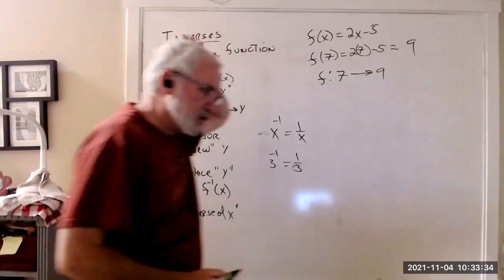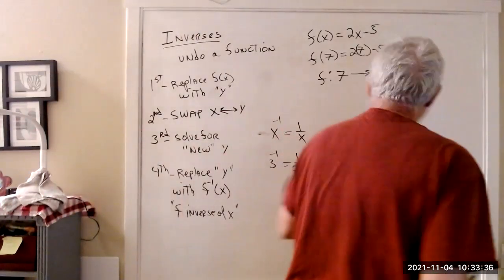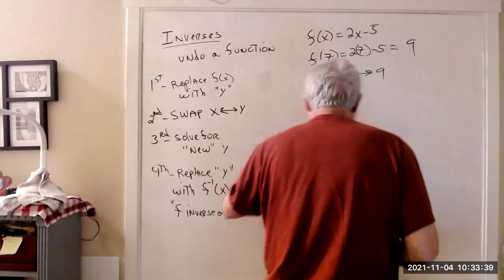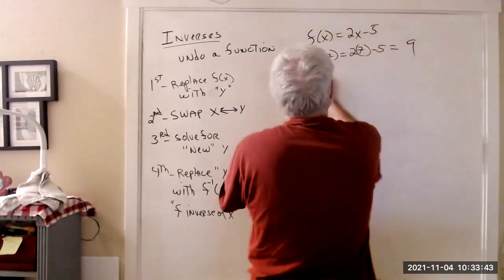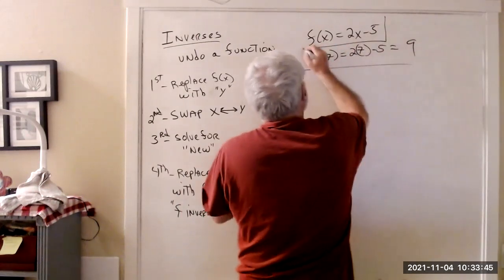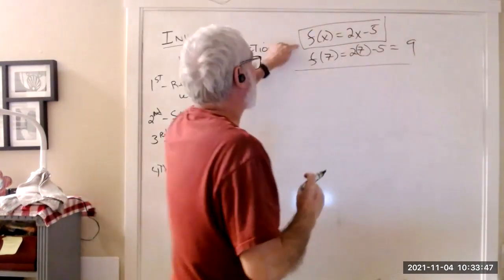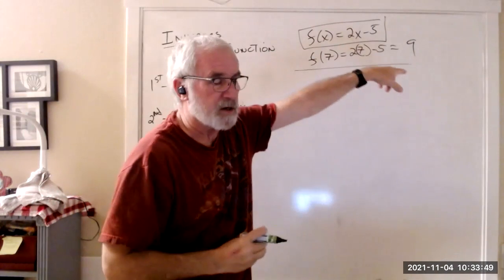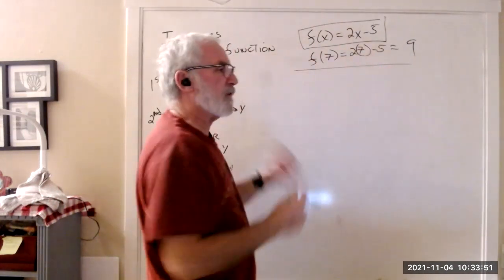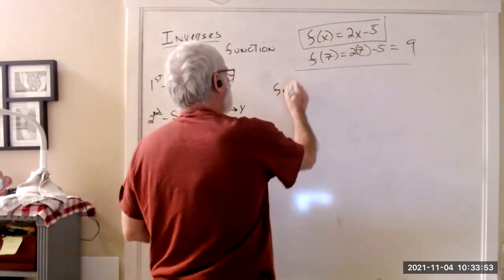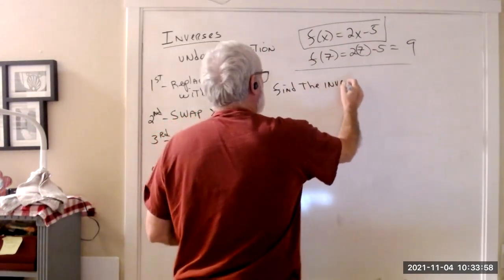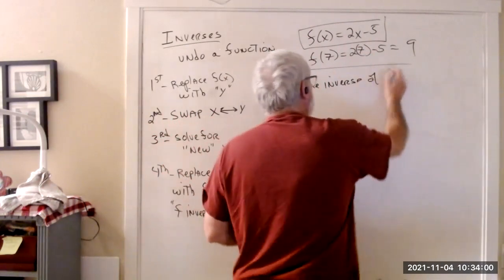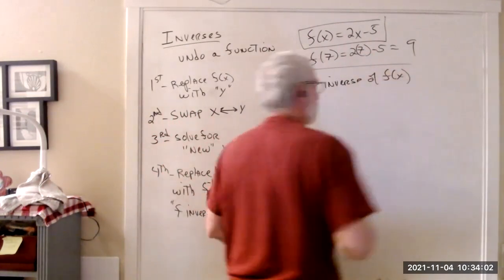So let me do this one, and then let me have you guys walk through a couple. So here is f of x. And we've seen that f of x takes 7 and turns it into 9. I want to find the inverse of f of x.